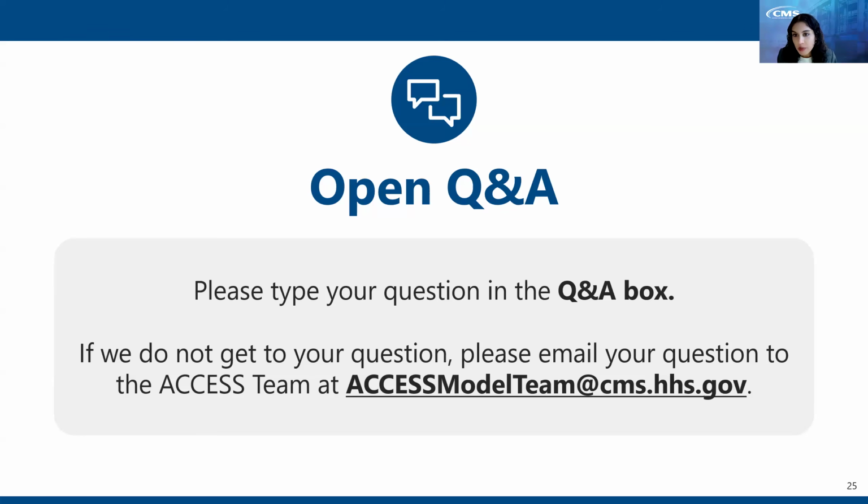There was one question about how referrals would be reconciled with Stark laws. The question continues, if a health system partners with an ACCESS clinic, and then that clinic sends the patient back to the health system for escalations, would that be a concern? I just want to flag here that the model is not waiving the anti-kickback statute, so that absolutely is something that should be considered when making referrals.